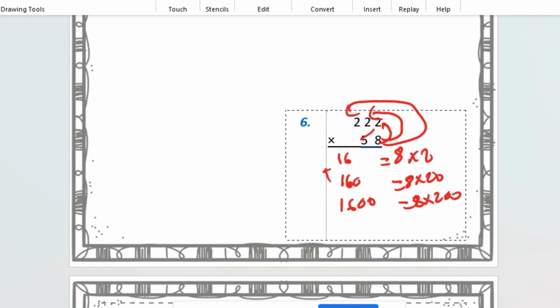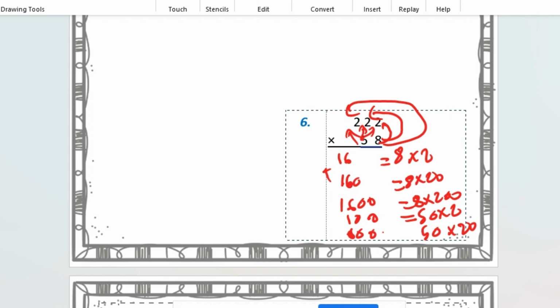And then 5 times 2, 5 times 20, 5 times 200. Sorry, not 5, this is 50. So 50 times 2 is 100. 50 times 20 is 1000.